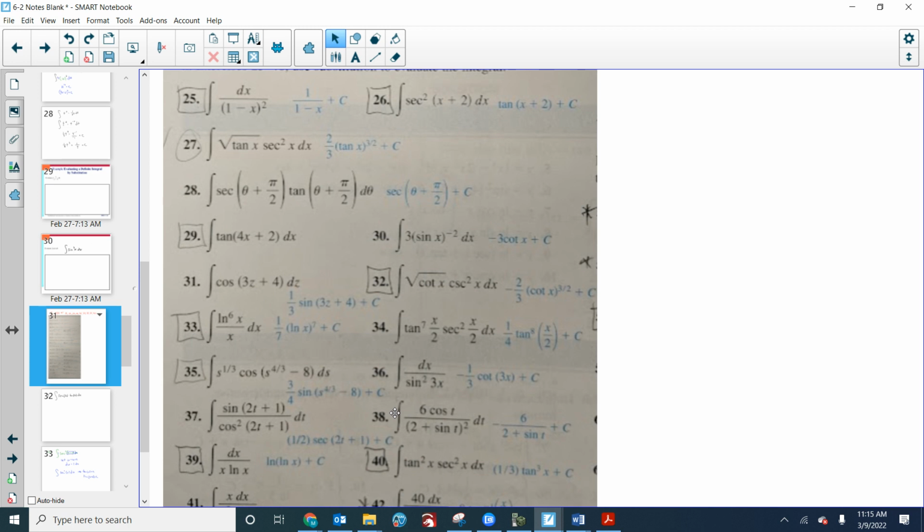I got an absolute value around the argument. Now we know that word ln x. Why is there no absolute value? Because ln of x can never be negative, the absolute values aren't necessary at that point. So it's not wrong if you put them there, but they're not necessary. After 39, was that it? 40. 1/3 tangent cubed x plus a constant.